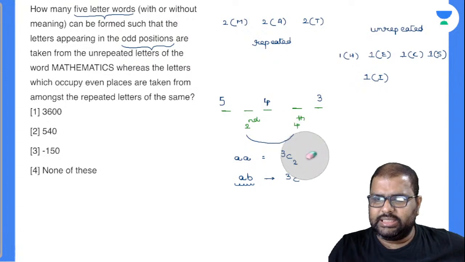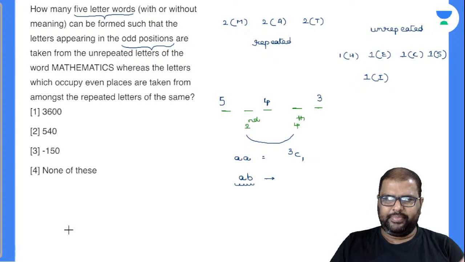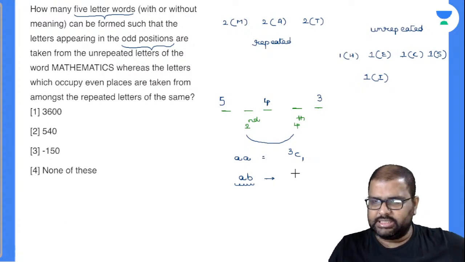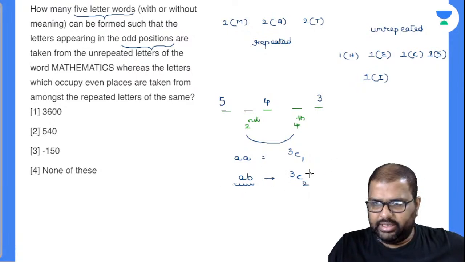Then 3C1: AA, out of 3 sets I have to select 1 set. AA, MM or TT, 3 chances. And this is 3C2. And again, it might be AB, it might be BA. I have to write down this one.